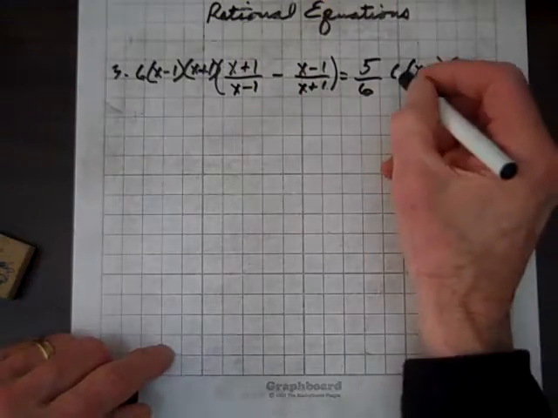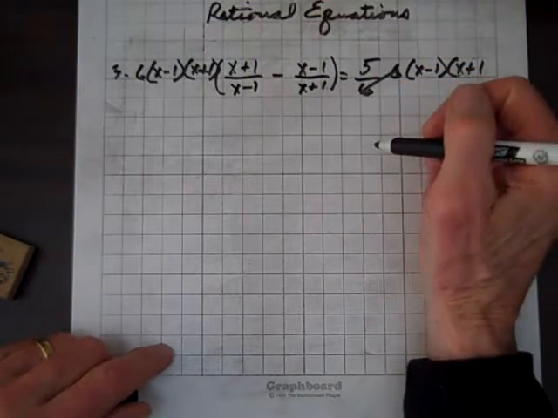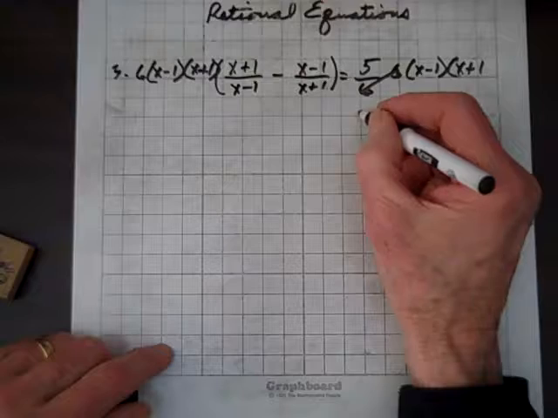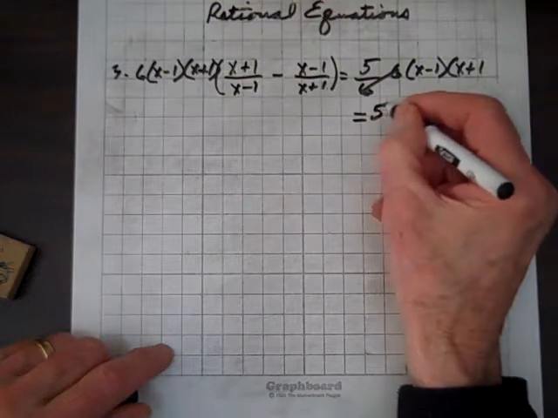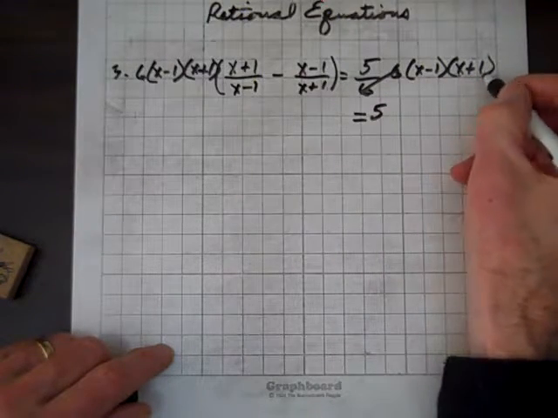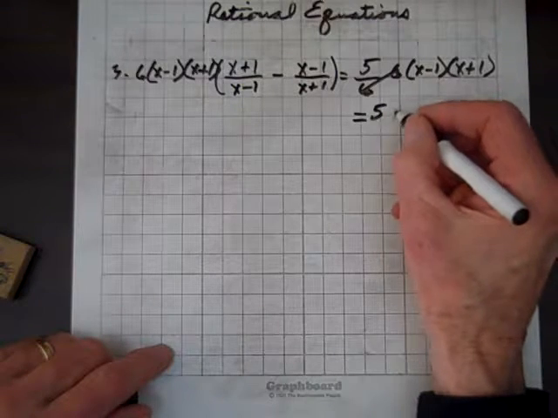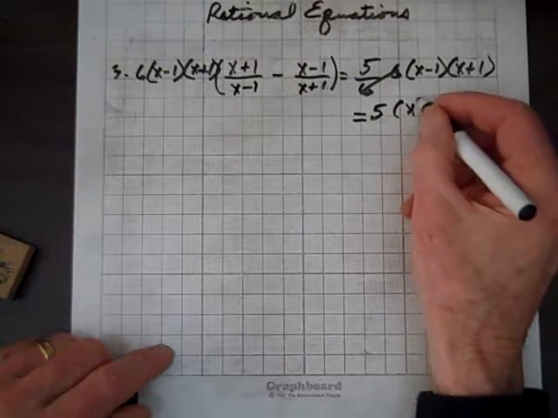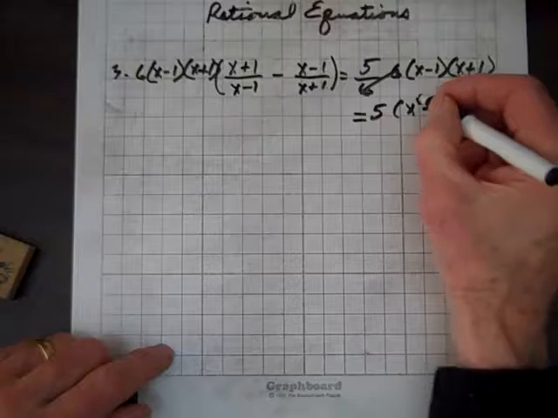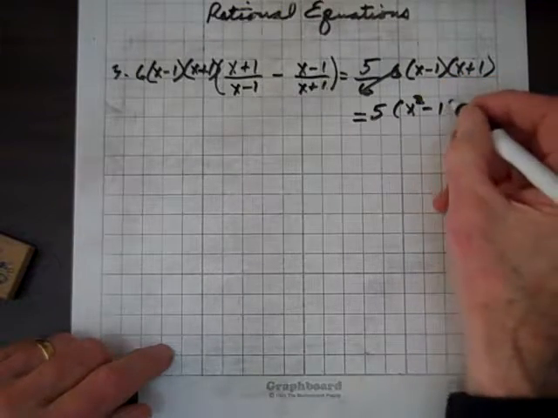Okay, here the 6's divide out, and we've got 5, and the product of these two is going to be x squared minus 1.